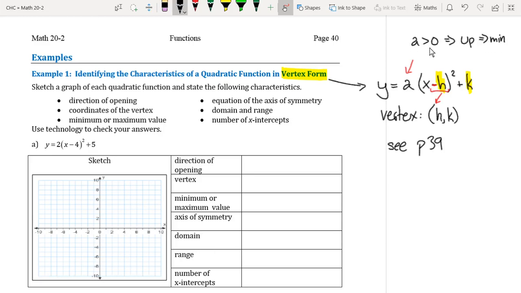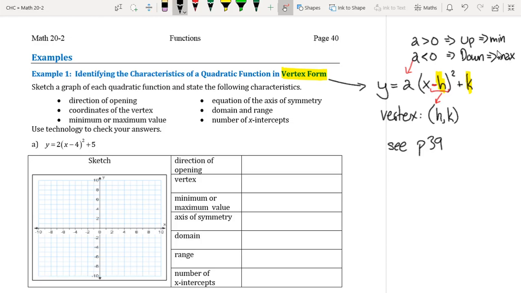If a is negative, which means it's less than 0, we have a parabola that opens down, and anytime a quadratic function opens down, we will end up with a maximum.